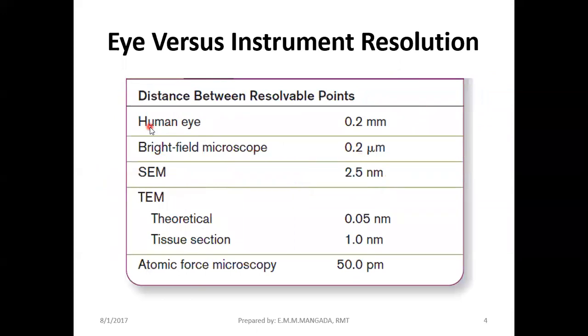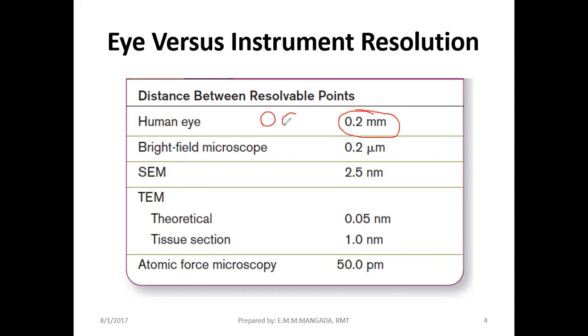So guys, now we have here the resolution of the eye and that of the instrument. If you can see here, the human eye can resolve points at about 0.2 millimeter. It means that at a 0.2 millimeter distance, our eyes can tell whether two objects are separate objects.